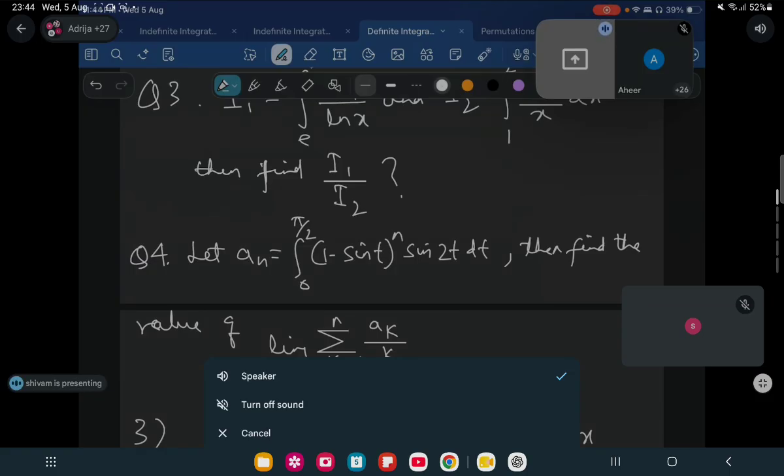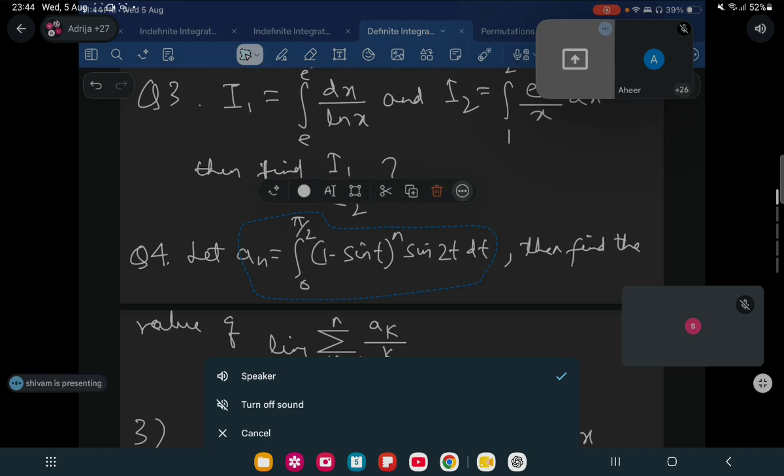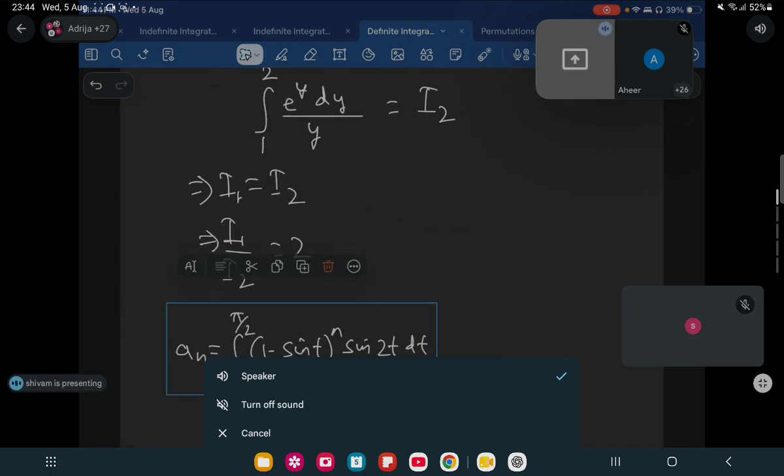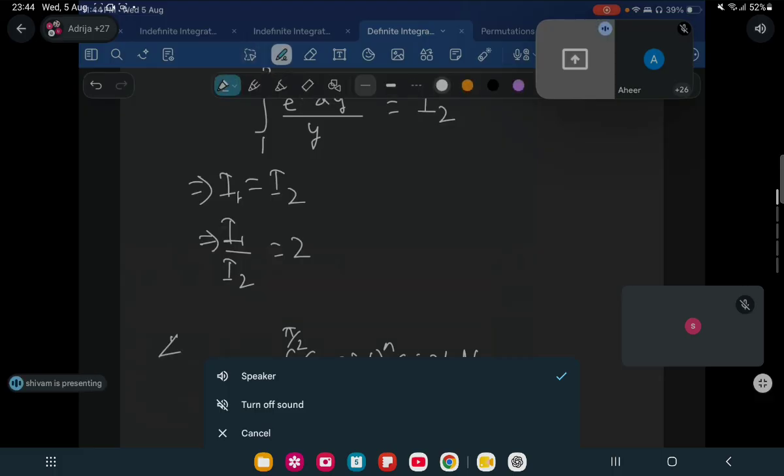Pay attention, everyone. Let us start. You people can understand that the differential can be seen outside the brackets. So for number 4, let y equal 1 minus sin t.